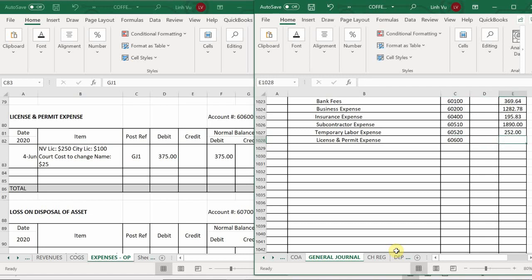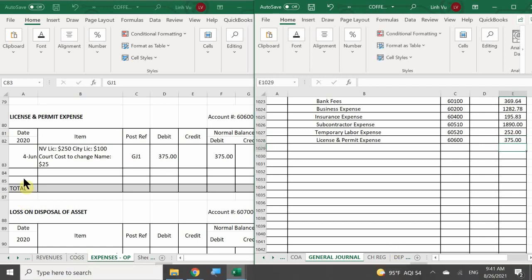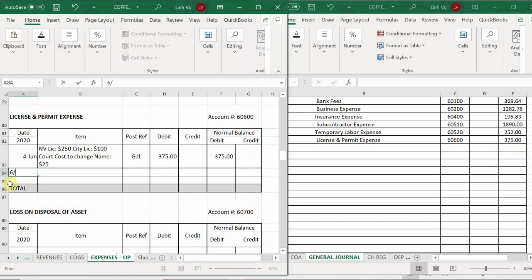How much am I going to credit my account for? 375. Okay. Close. General Journal 25 for 375, which should bring your account balance to zero.